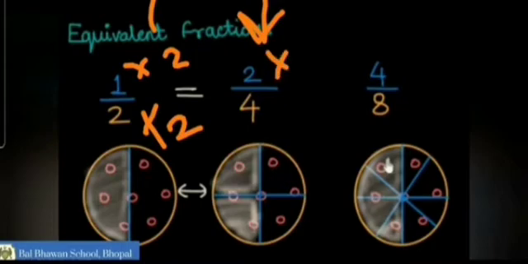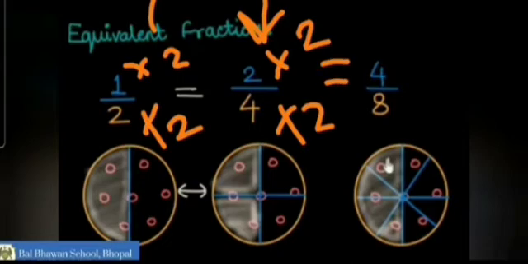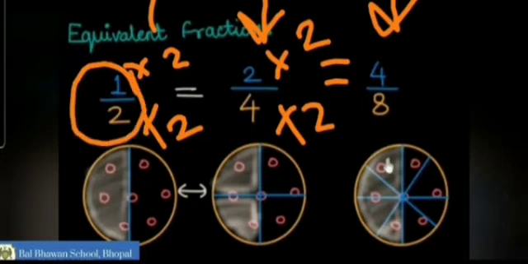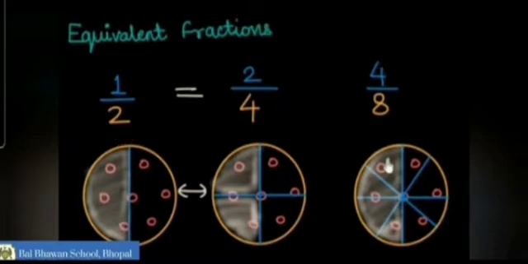Similarly, when 2 upon 4 is multiplied by 2 in the numerator as well as in the denominator, I am going to get a new fraction which is 4 upon 8. And when I reduce 2 upon 4 and 4 upon 8, I will automatically get 1 upon 2 as my fraction. Which means all these fractions are equivalent.